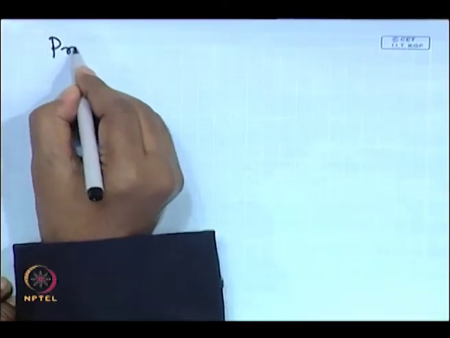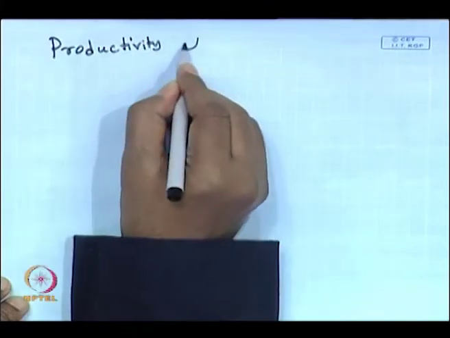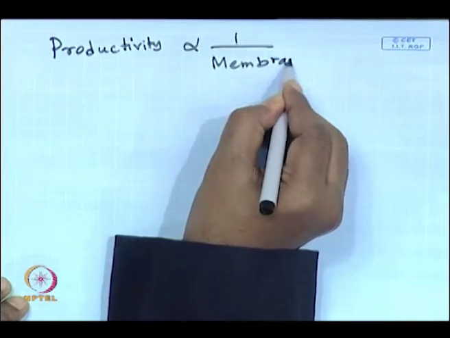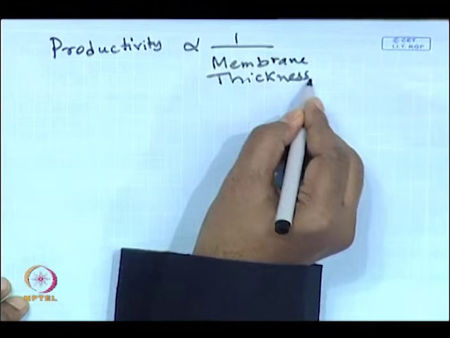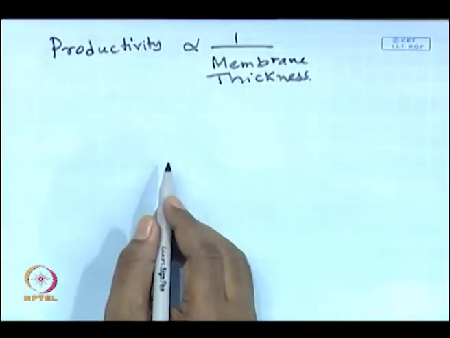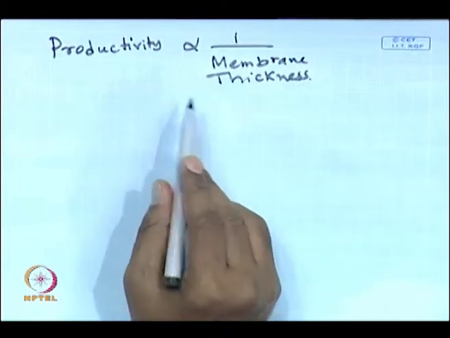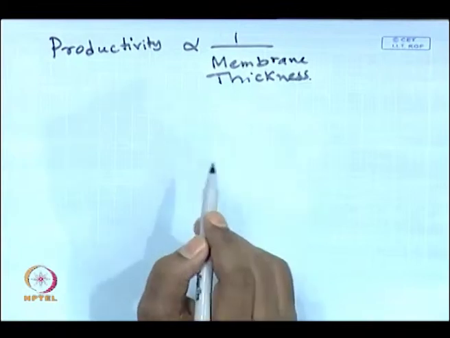So, productivity of the process or permeate flux is inversely proportional to the thickness of the membrane. If you lower the thickness of the membrane, the productivity becomes very high, so you can go for higher productivity of the process. So, how is it done?